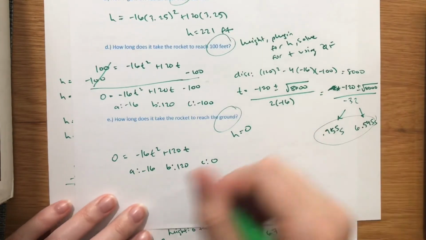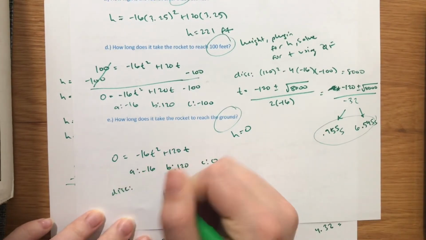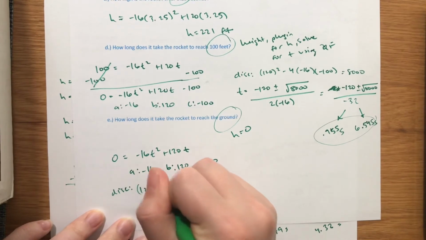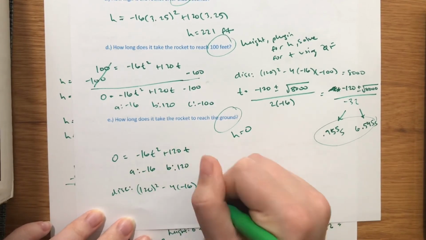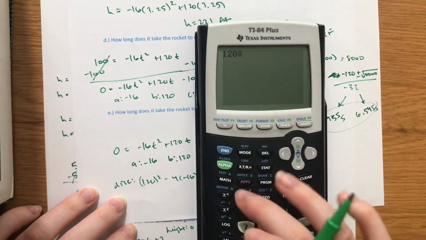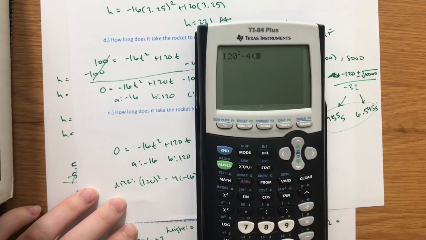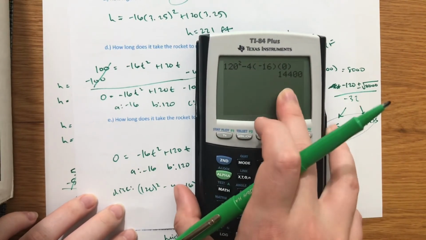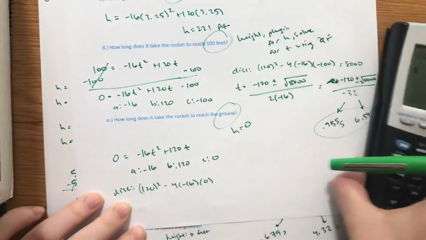So to find your discriminant, b squared minus 4 times a times c. So 120 squared minus 4 times negative 16 times 0 is 14,400.